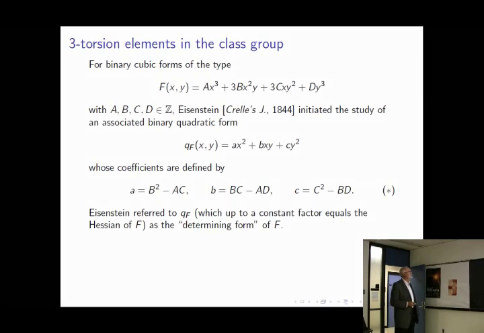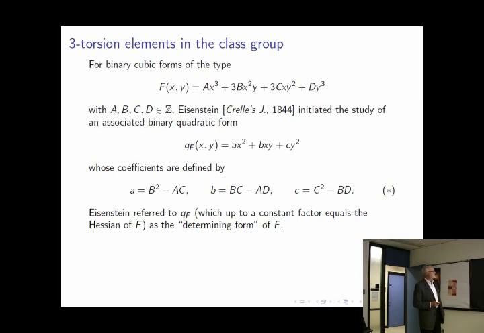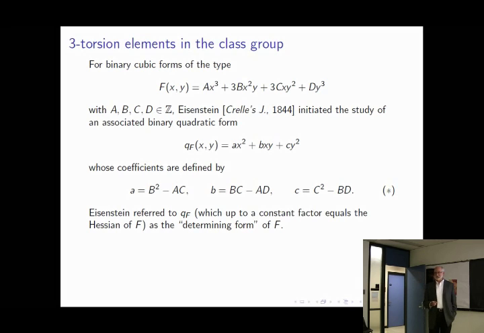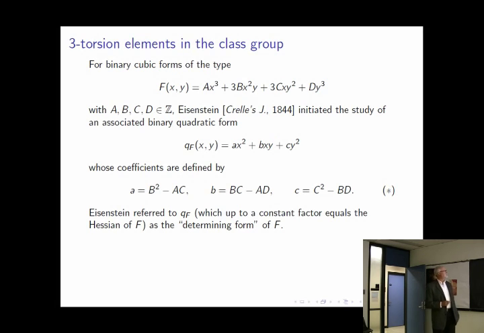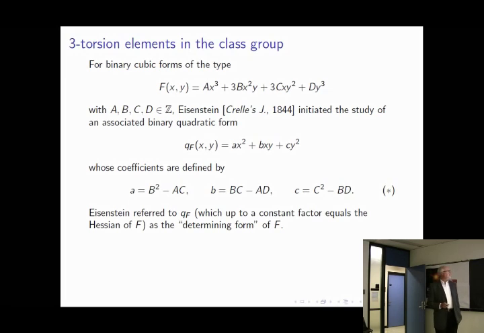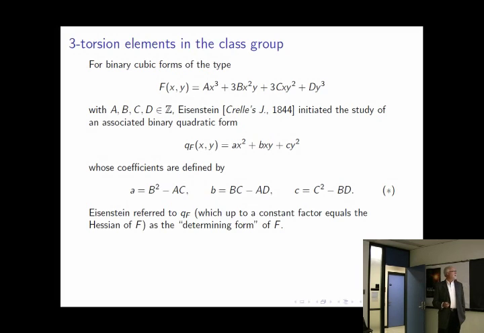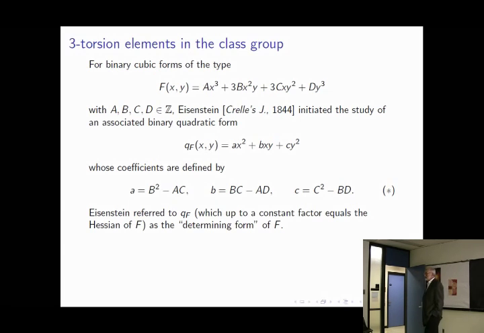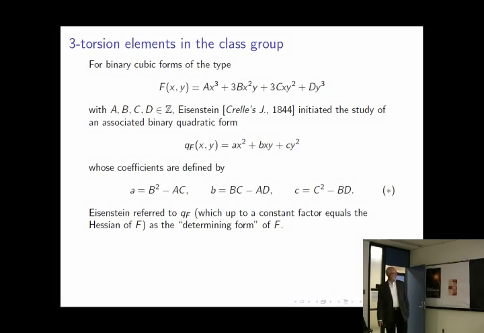And he looks at a correspondence which takes a binary cubic form now, one that is homogeneous of degree 3 of that particular type, and he associates to that a binary quadratic form whose coefficients are given by the peculiar equations there.